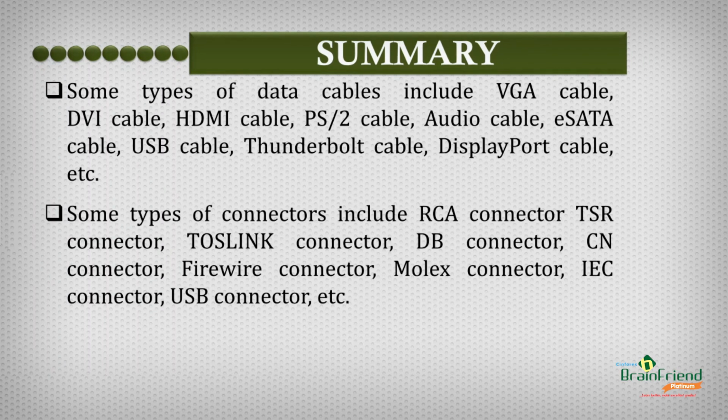Going on, we learned that some types of data cables include VGA cable, DVI cable, HDMI cable, PS2 cable, audio cable, eSATA cable, USB cable, Thunderbolt cable, DisplayPort cable, and so on. And finally, we learned that some types of connectors include RCA, TSR, Toslink, DB, CN, Firewire, Molex, IEC, and USB connectors.